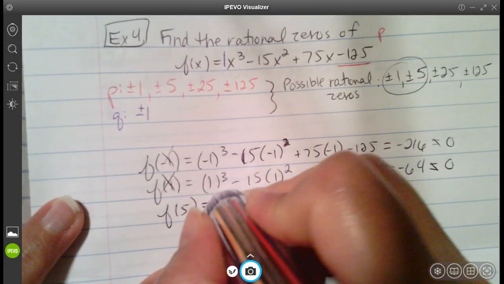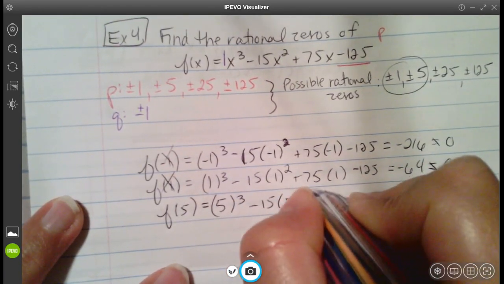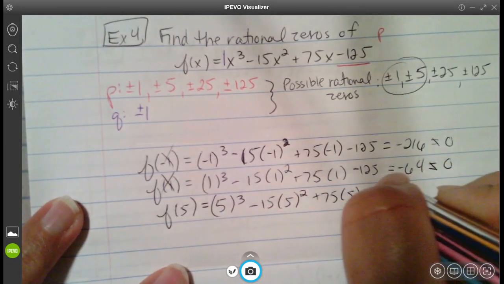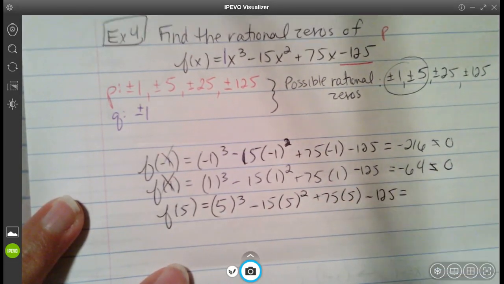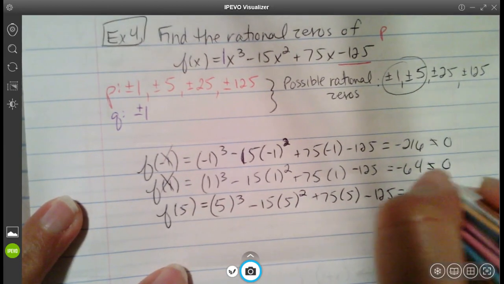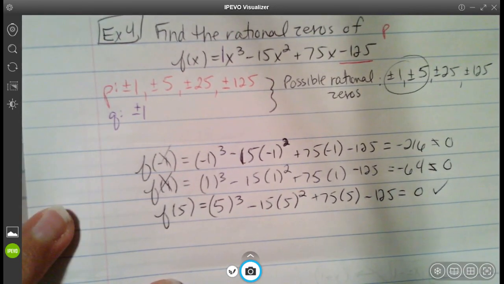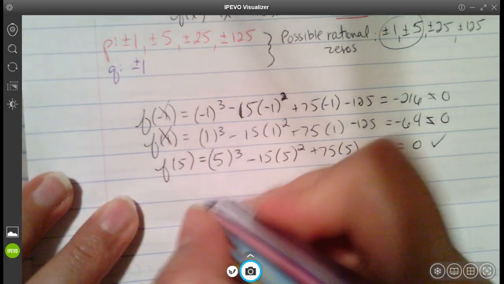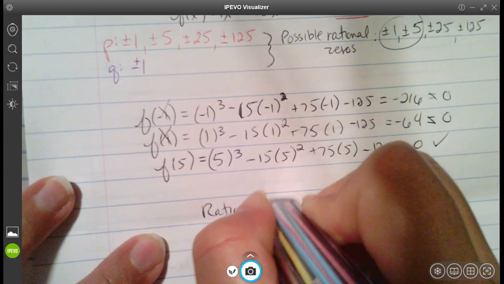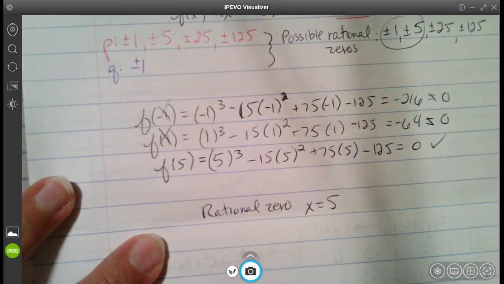Same thing, 5 to the third power minus 15 times 5 squared plus 75 times 5 minus 125. And this one, if I remember, is exactly 0. So we have found our rational zero. Our rational zero is going to be x equals 5 for this one.